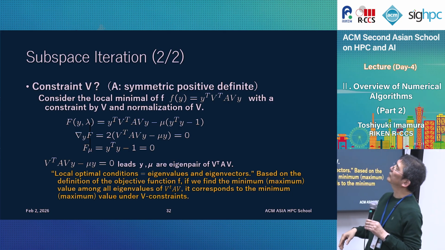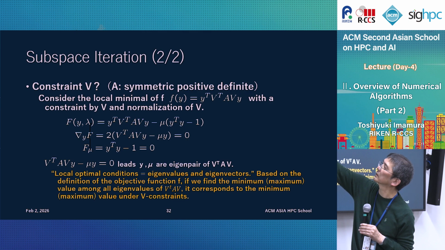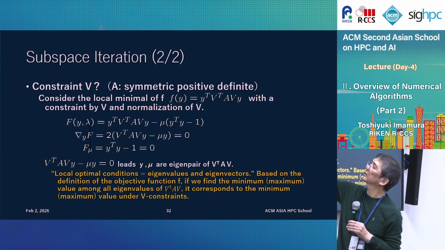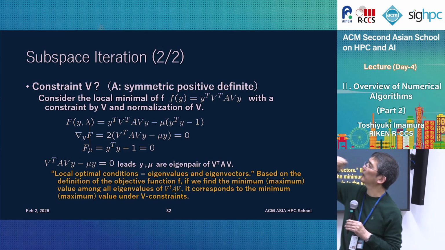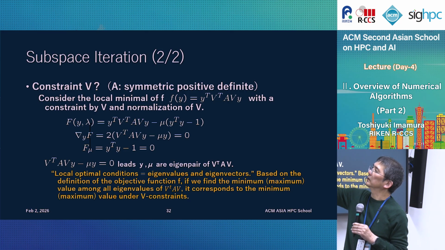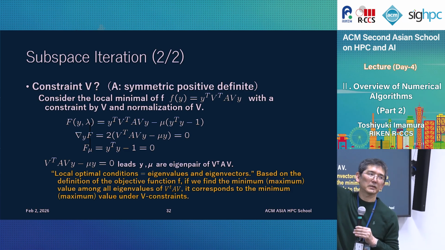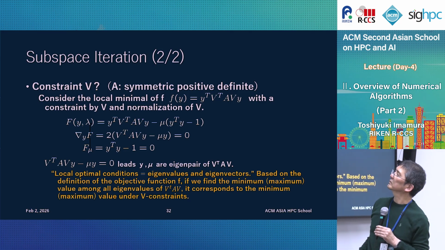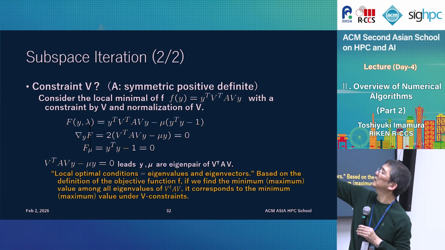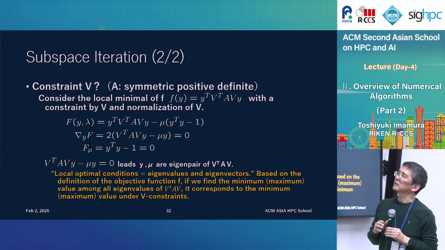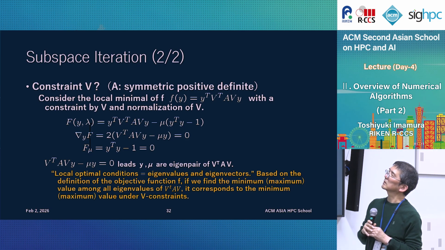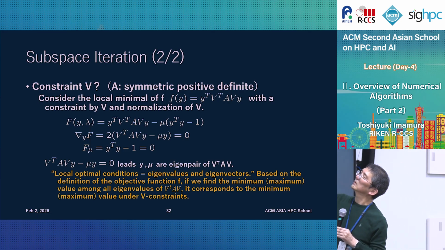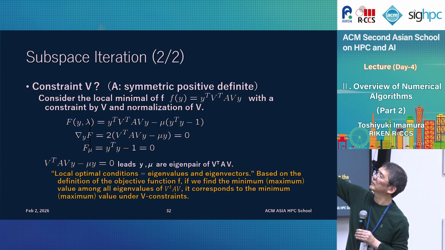So if we define such a cost function, you understand that this returns a scalar value, right? And it is a scalar function with such a vector y. It is a kind of normalized or constraint condition.